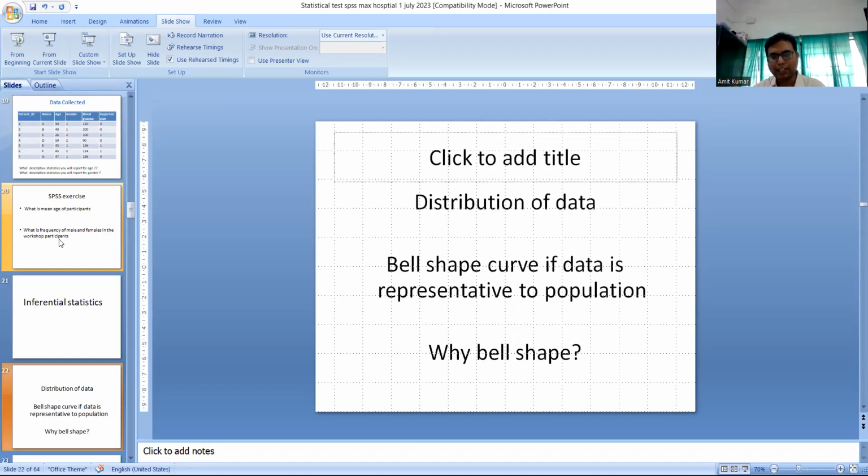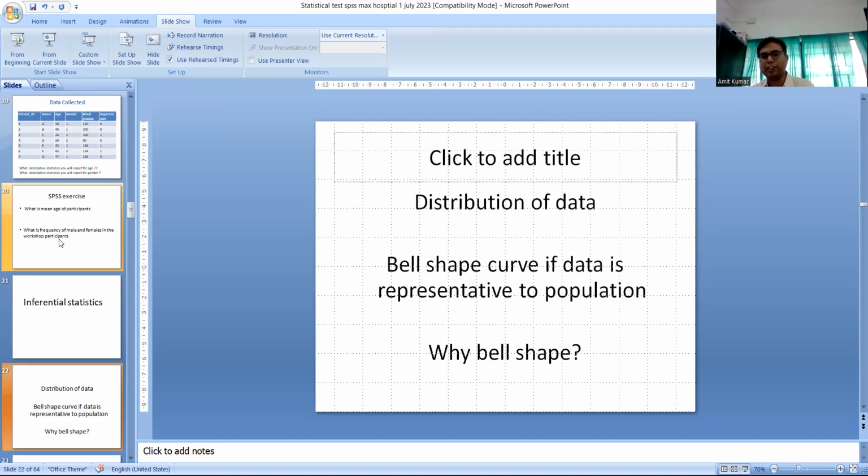On the left-hand side, shorter people will be very few in number, and on the right-hand side, taller people will also be very few in the population. So what does this mean? It means the data is representative of the population. So whatever inference you derive will represent your population.